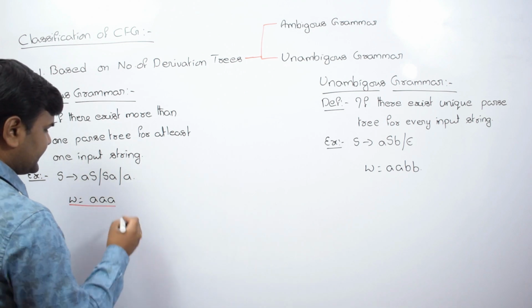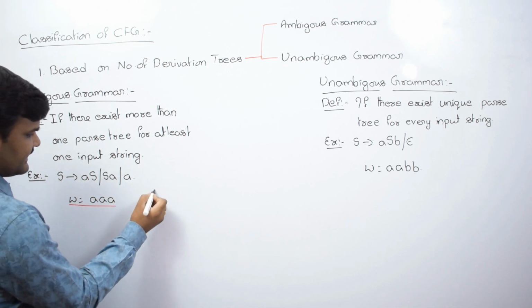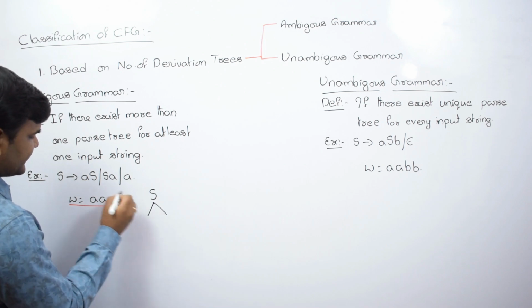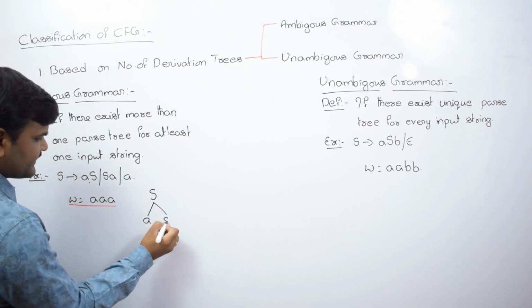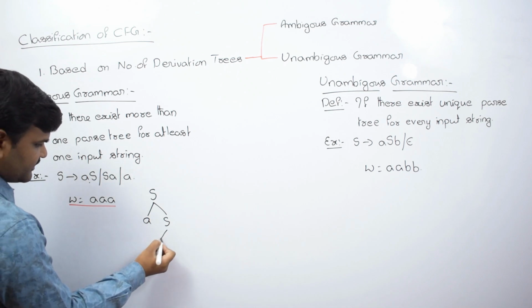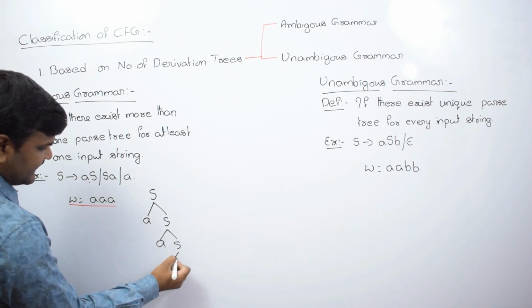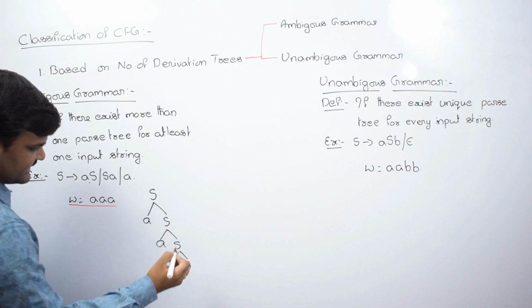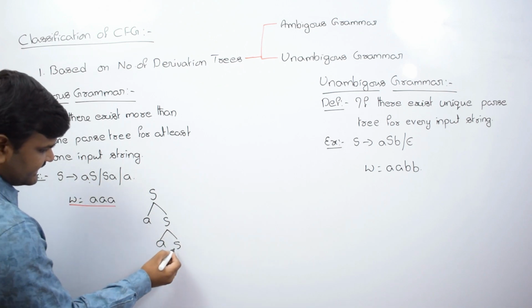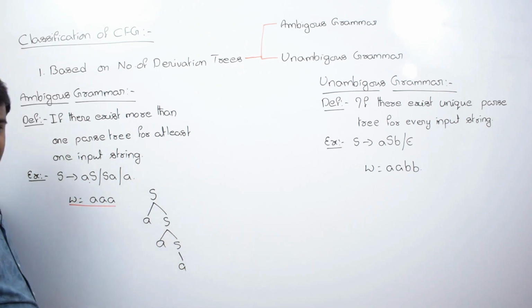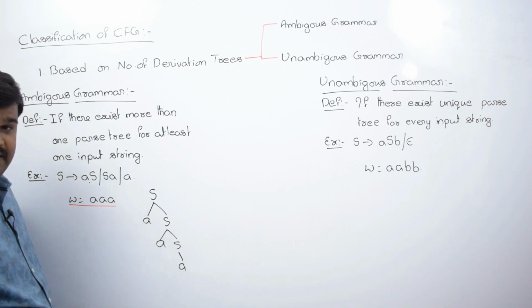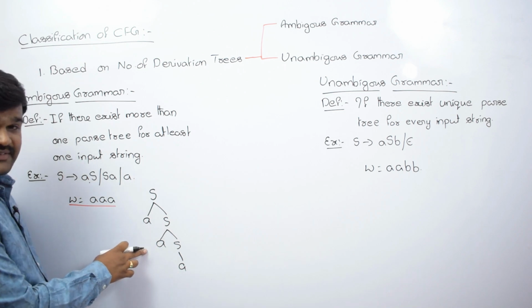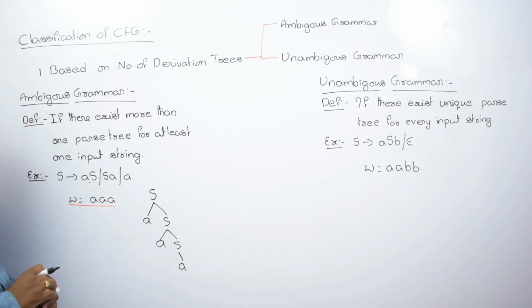For triple A, we start with S, take the first production AS, then again AS, and again AS, and finally S deriving A. This generates triple A. Is it the only tree which generates this word? Yes or no? Let us see.